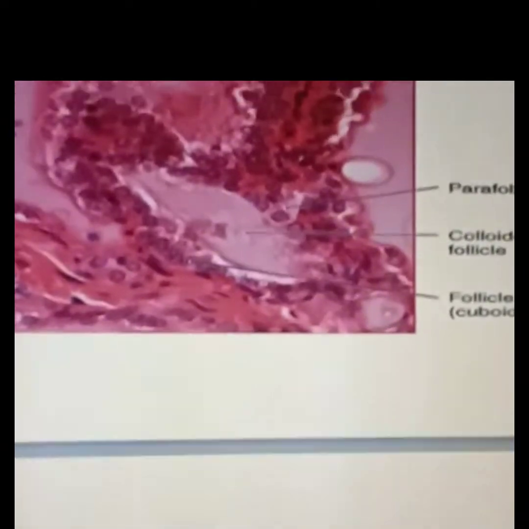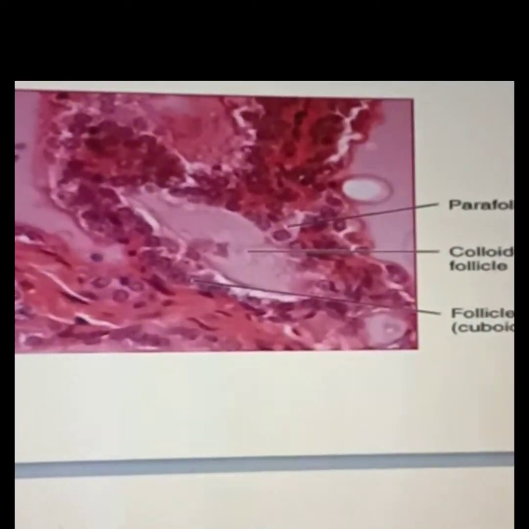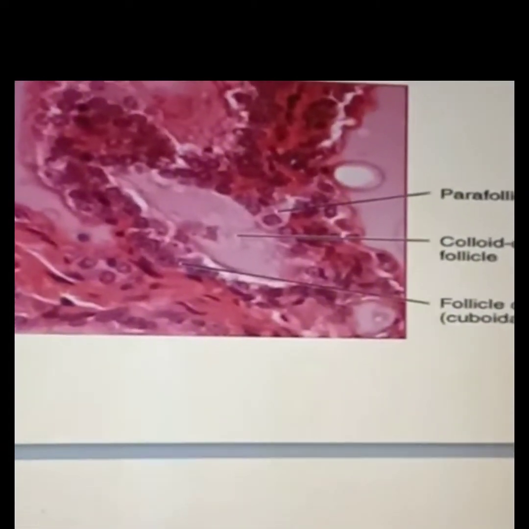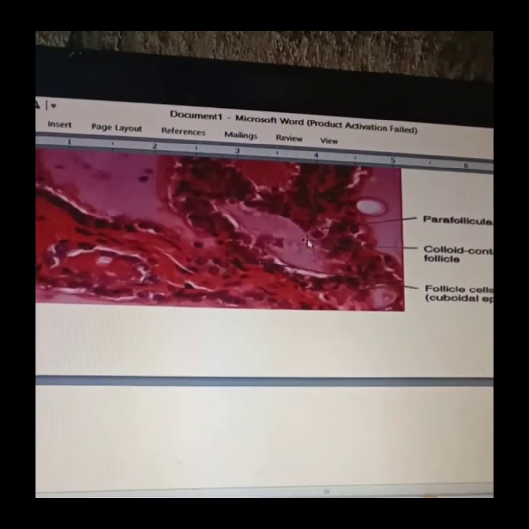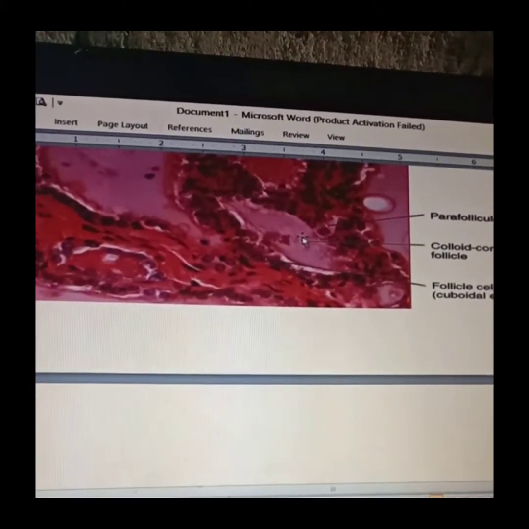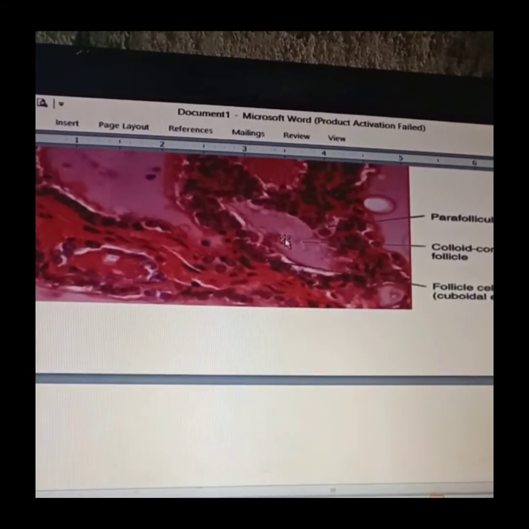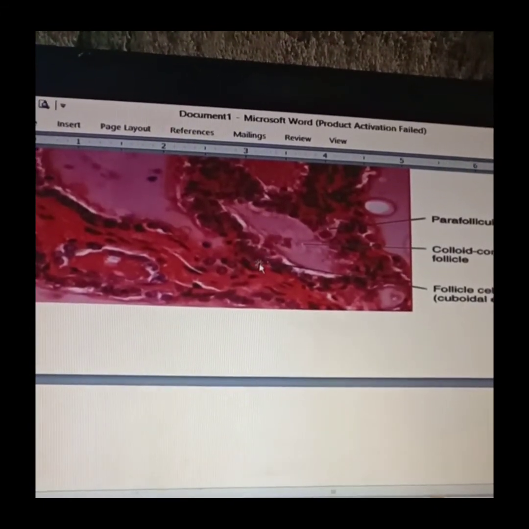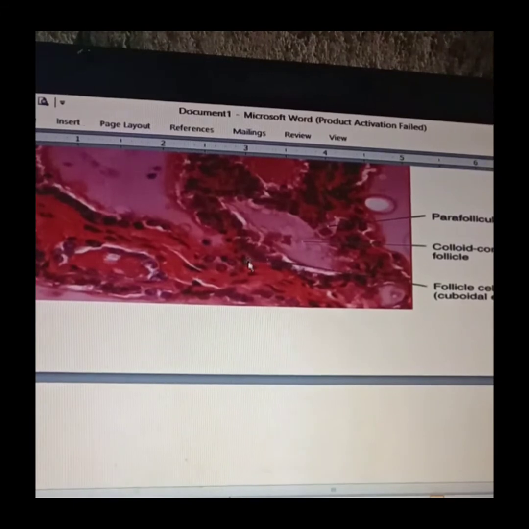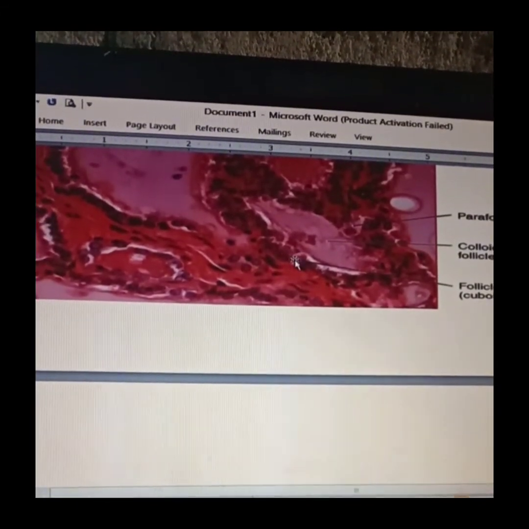So this is the last part of the thyroid gland: the parafollicular cell and the colloid-containing follicle, and then the follicle cells, which are cuboidal epithelium, part of the thyroid gland.